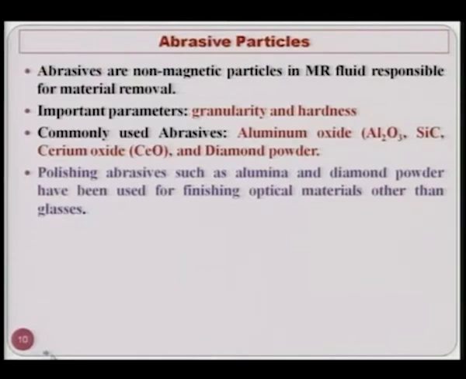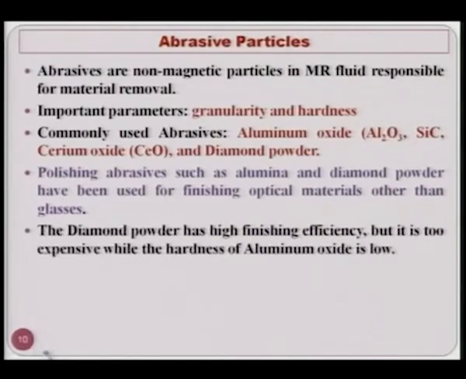Now, glass is comparatively soft, so softer abrasive particles are used in the case of glasses. The diamond powder has high finishing efficiency, but it is too expensive, while the hardness of aluminum oxide is low. So, while selecting the abrasive powder, the cost of the abrasive powder should also be taken into consideration.